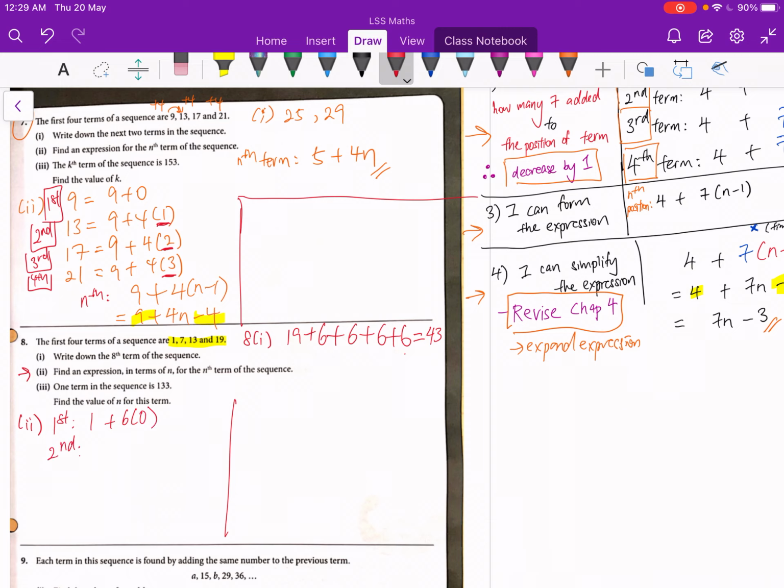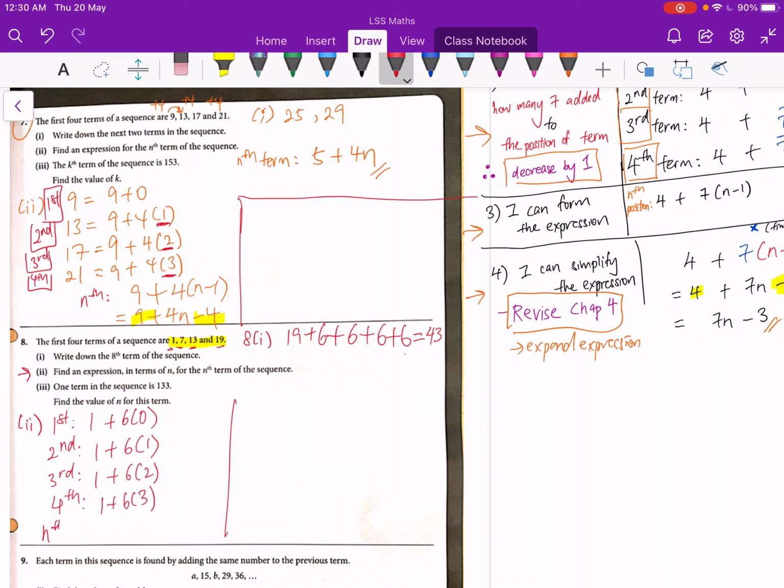To get the second one, which is 7, I take 1 plus 1 six. To get the third number, I take 1 plus 2 times 6, that means 6 plus 6, which gives me 13. And to get the fourth one, 1 plus 6 times 3. That means I add 3 sets of 6, 6 plus 6 plus 6, to get 19.